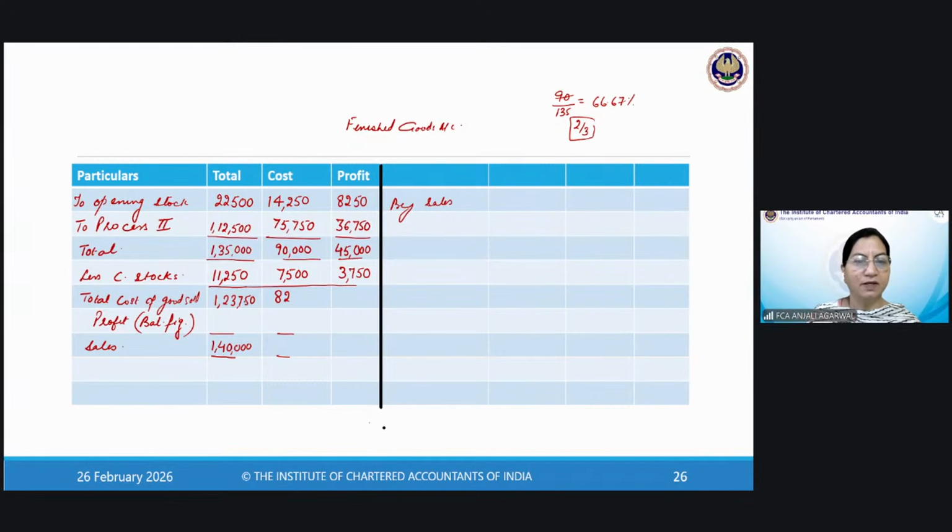So in 1,23,750 cost of goods sold, the cost is 82,500 and the inter-process profit in that is 41,250. Just verify: 82,500 plus 41,250 is 1,23,750. And because it is being sold for 1,40,000, your profit is 16,250, which has no cost, pure profit.